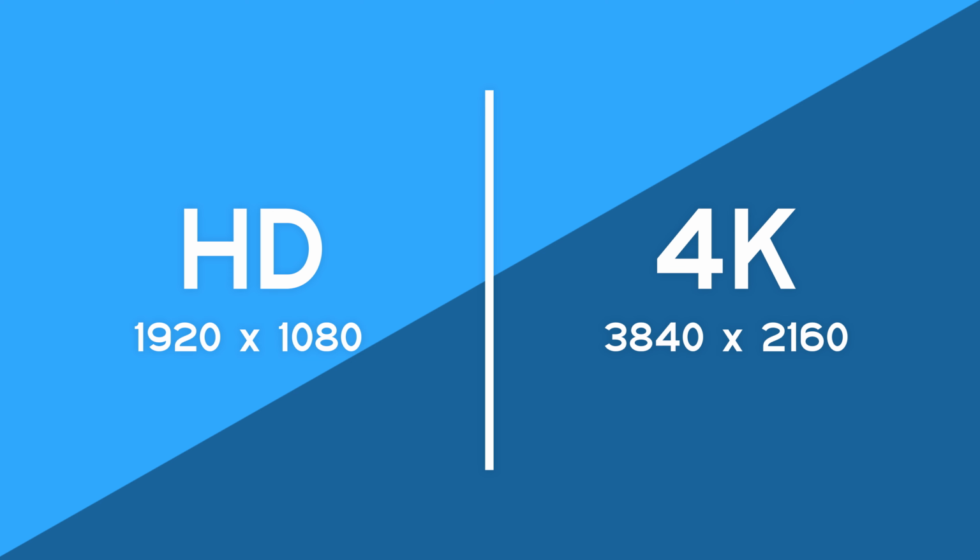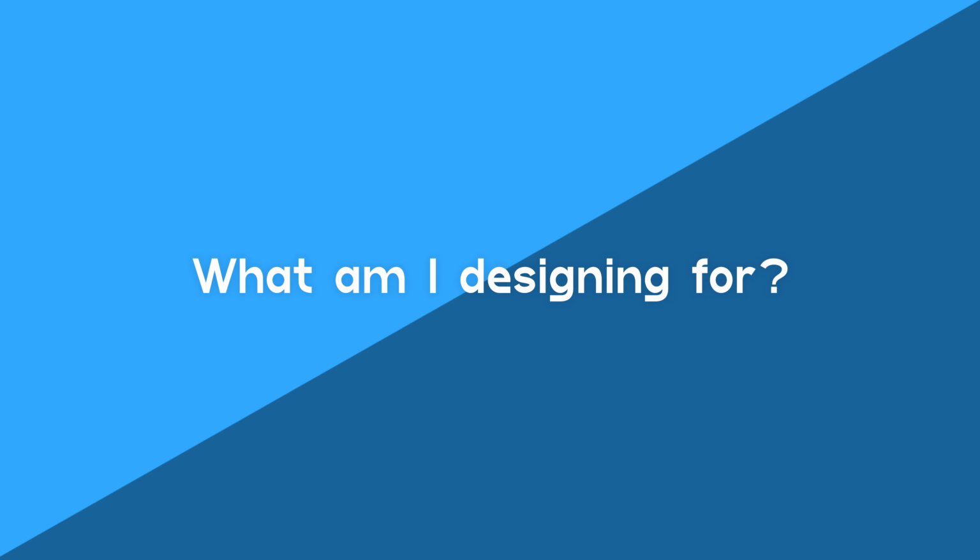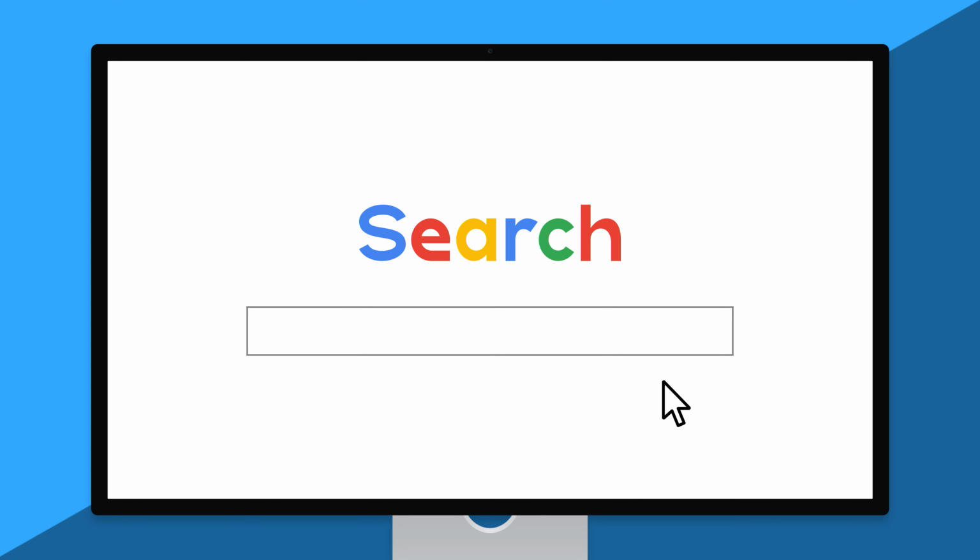Now, if you ask yourself that question again, what am I designing for? Then you'll think about finding a reference for your resolution size. For example, if you plan on creating an Instagram post, you can search on Google for Instagram post resolutions, followed by the current year.